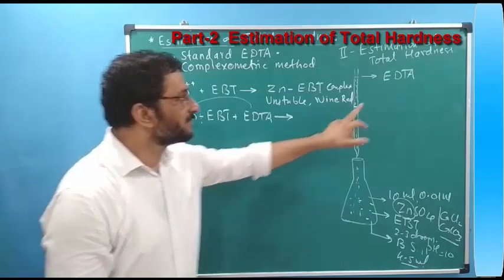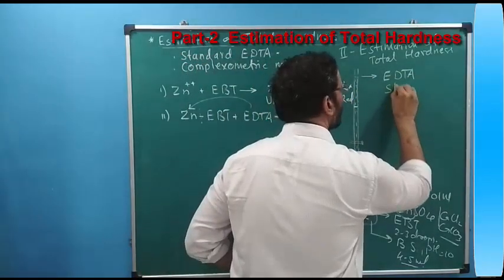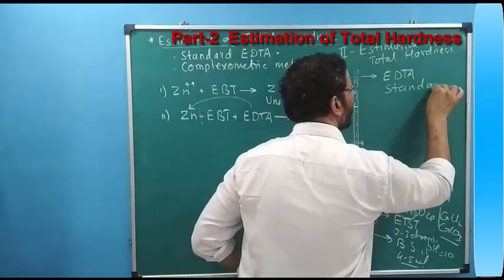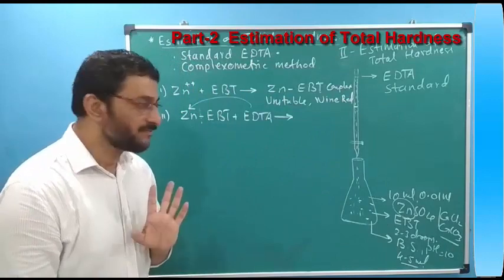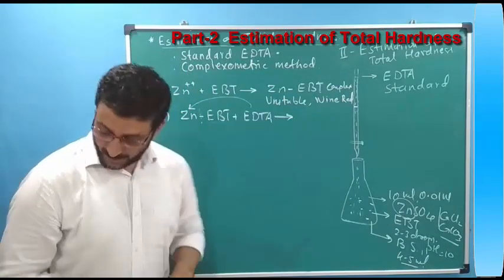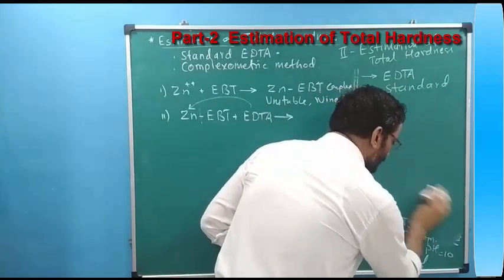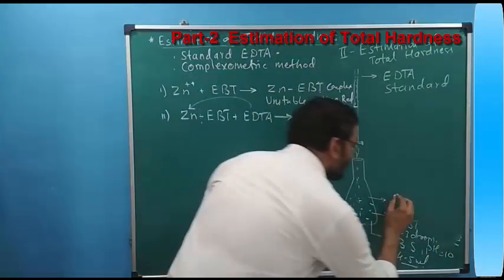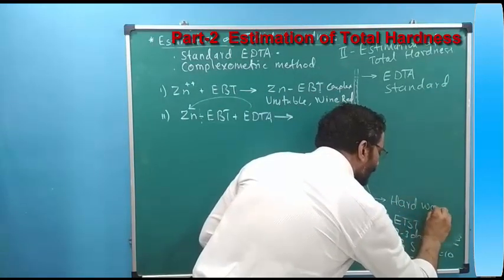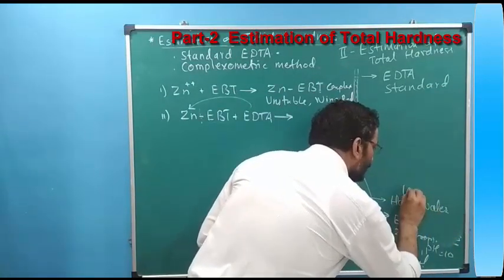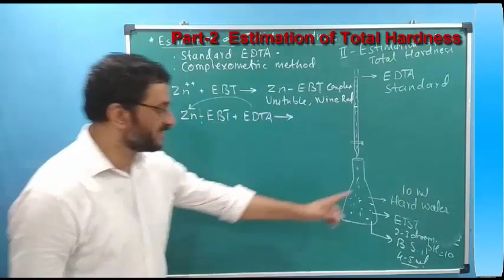Only thing is that this EDTA will now be called standard EDTA, because we know M2 of EDTA or concentration of EDTA, and instead of using zinc sulfate or any other salt solution, we are using a hard water sample, any hard water sample of any volume. So we will be using say 10 ml hard water instead of zinc sulfate.